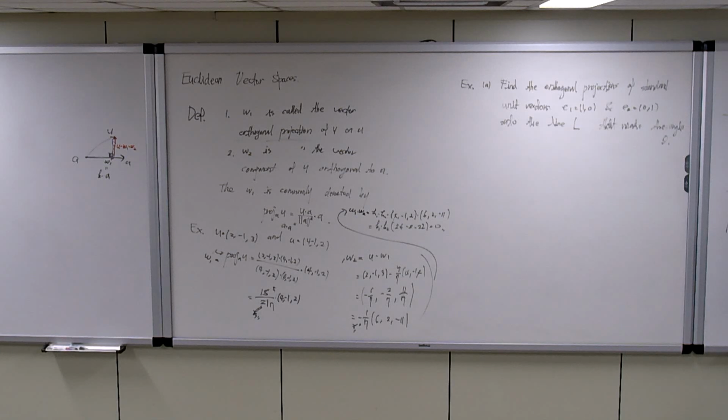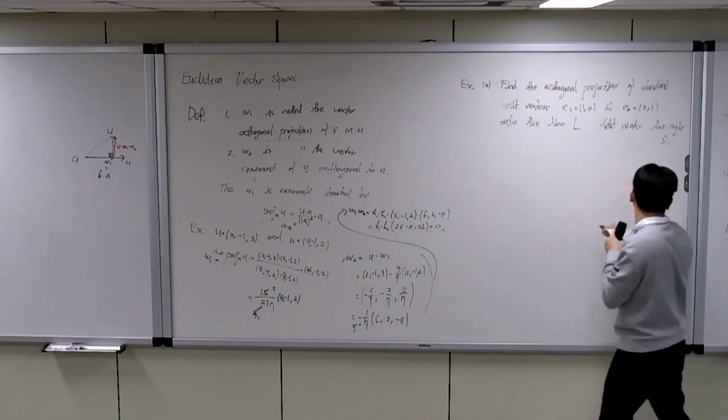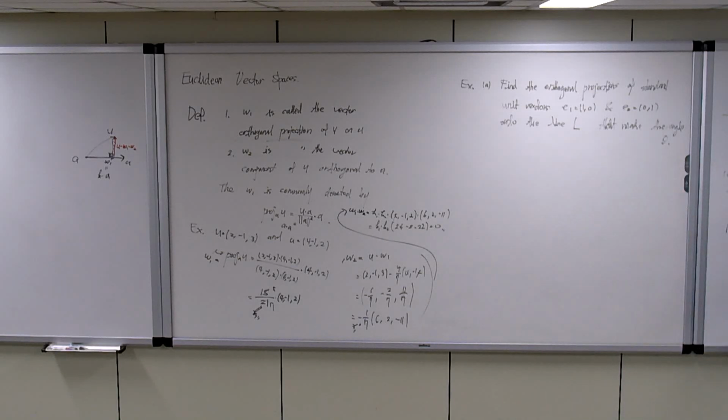We project them to the line L, and calculate the vectors projected onto L. If L has the angle theta, then (1, 0) will project to a point in L.